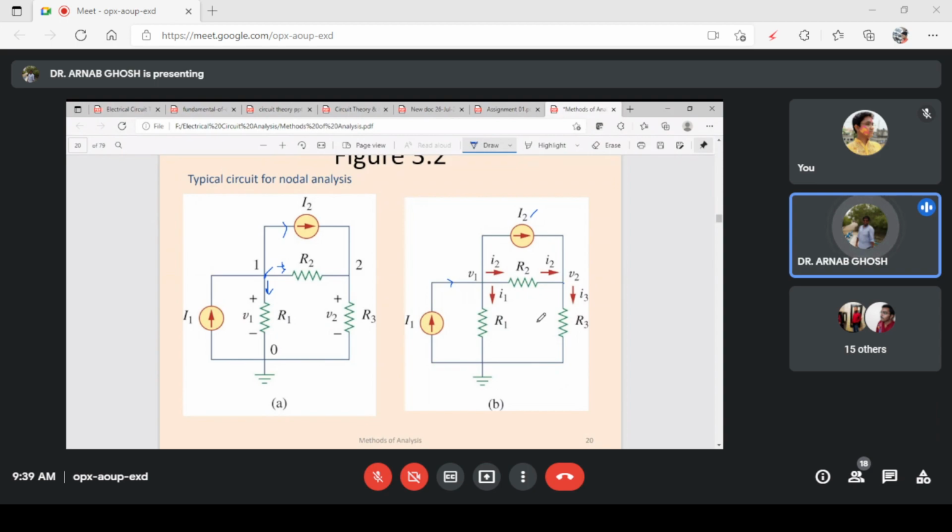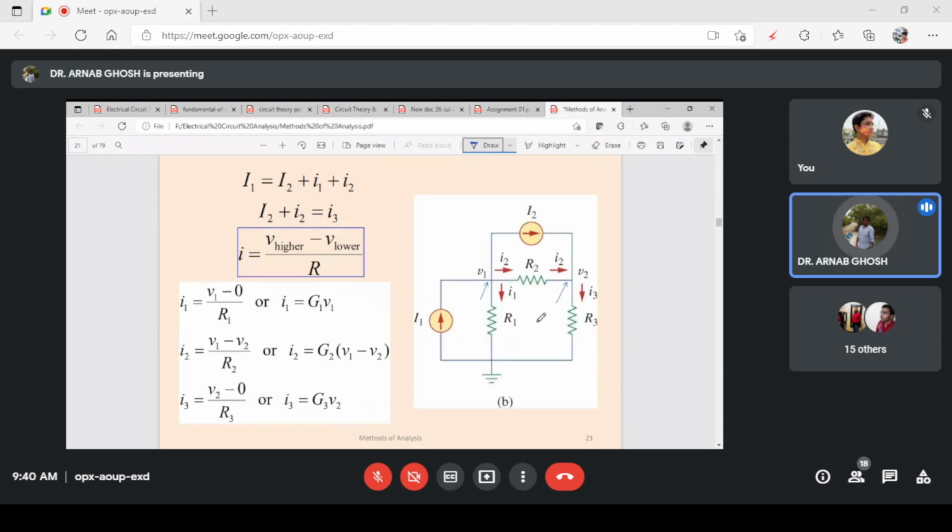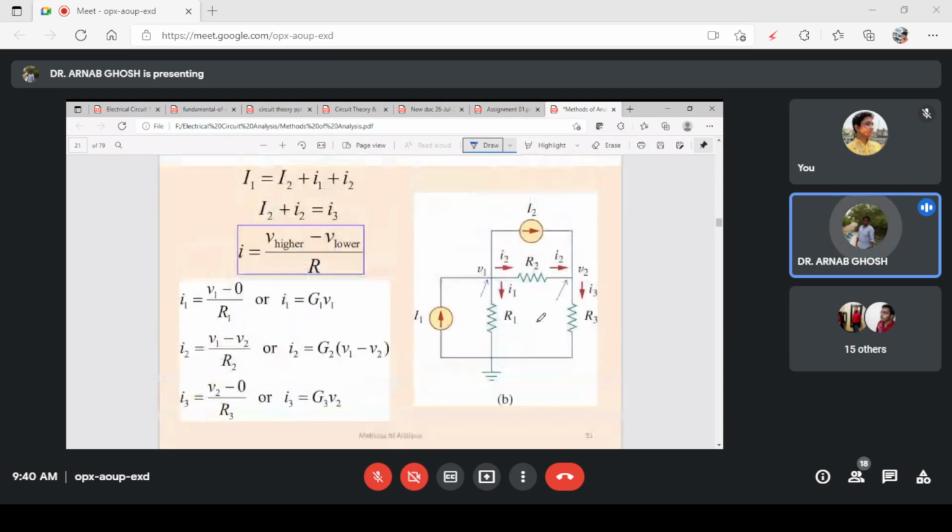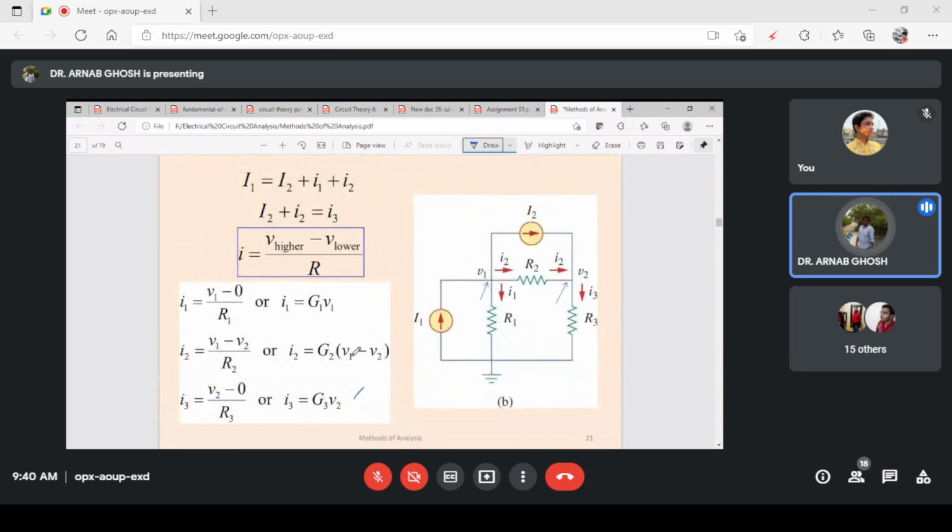So we are applying KCL and we are getting the equation like this. See, you have got the individual values of small I1, small I2, small I3. At this particular node, I1, the current entering, will be equal to the current leaving, that is small I1, small I2, capital I2. So you are getting this equation.